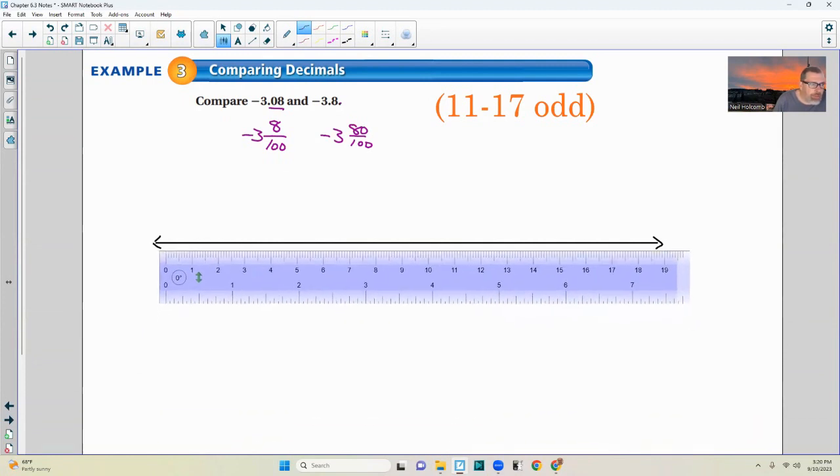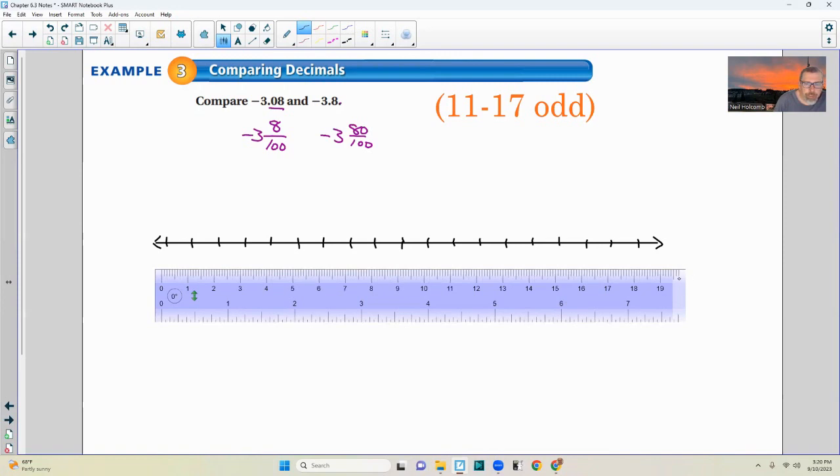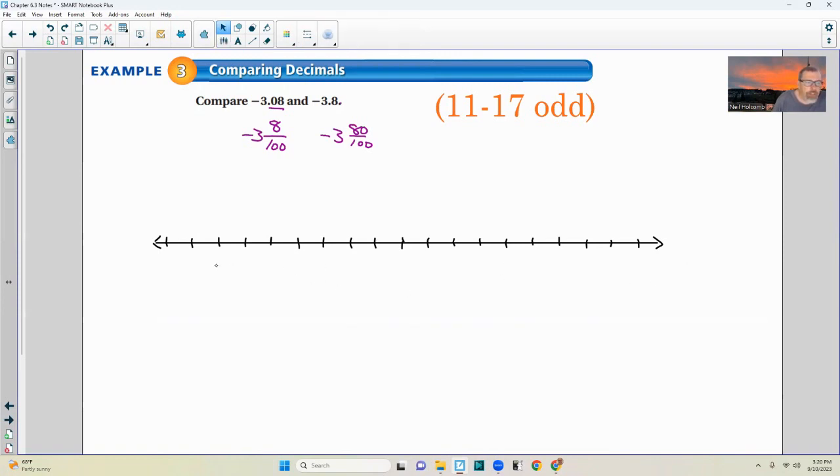And then bring your ruler up near the line and put marks every centimeter. Okay, there we go. Let's get rid of this and delete. All right, so there is our number line.